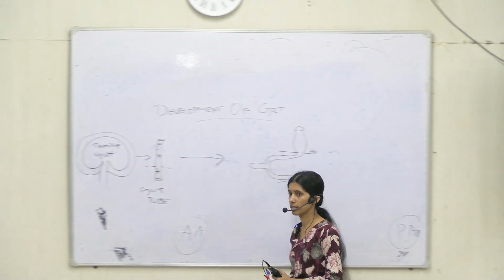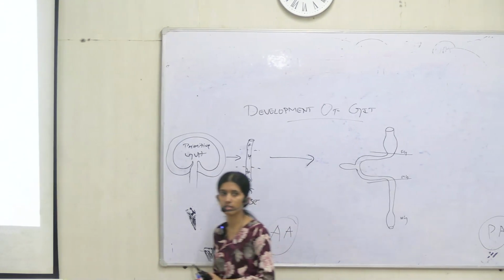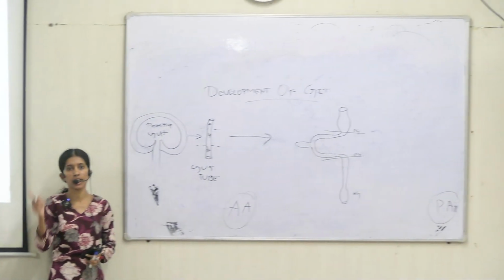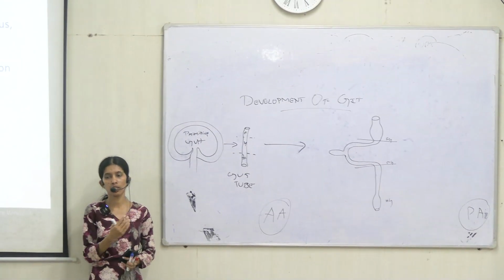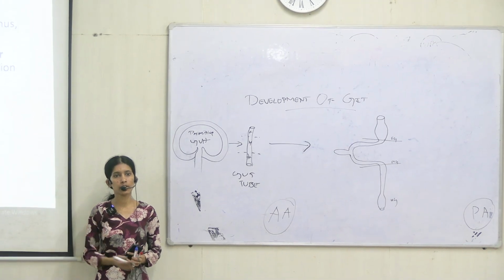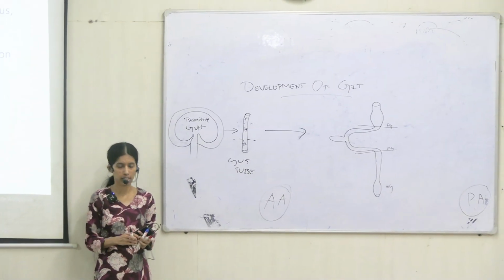If you remember the pharyngeal apparatus or arches discussion, I clearly mentioned the ventral aorta and dorsal aorta. Ventral aorta will be supplying the anterior aspect and the dorsal aorta is present in the posterior aspect, right?